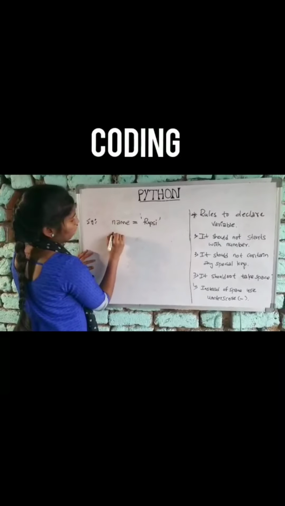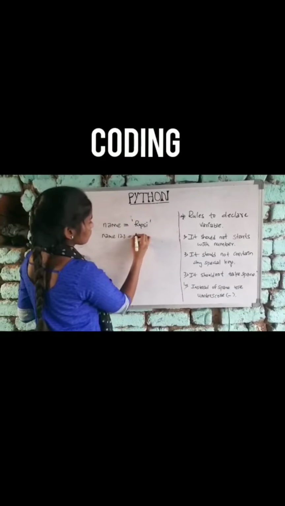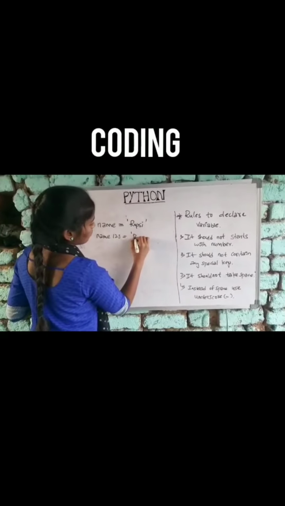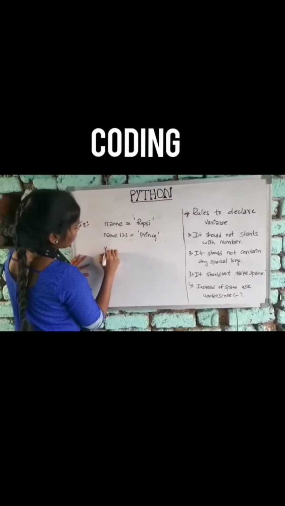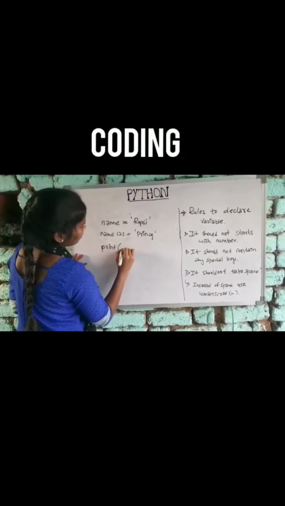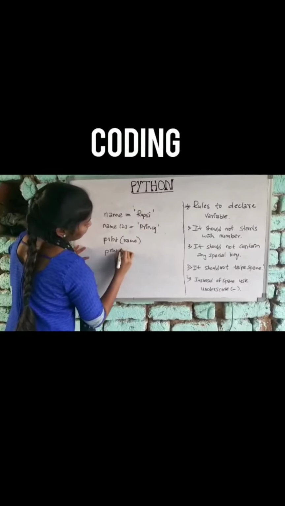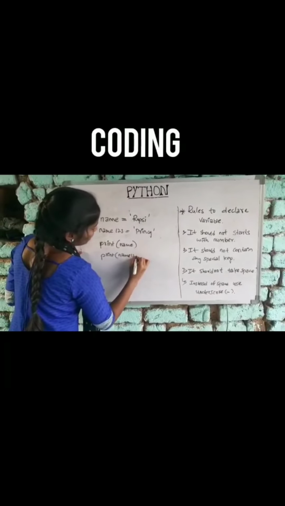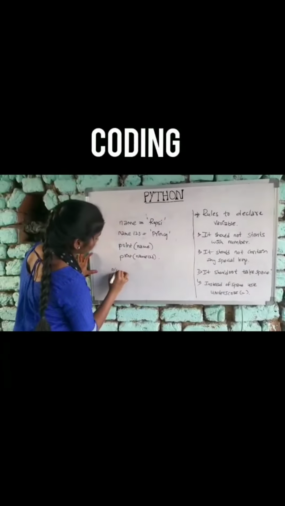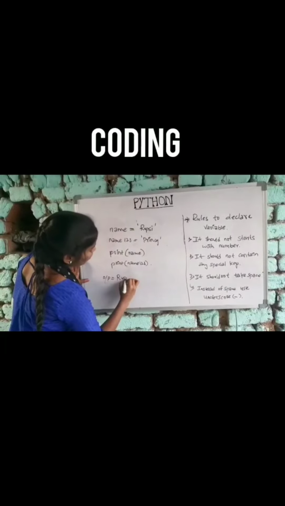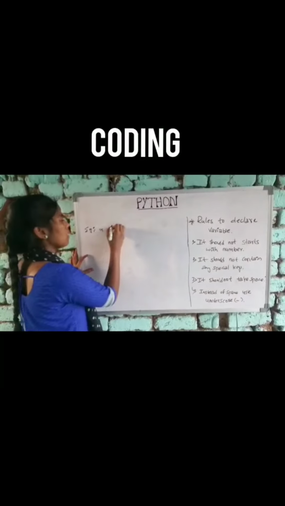Next, name123 = "Tswrdc". Here print name123. Then what is our output? Output is Tswrdc and Tswrdc.